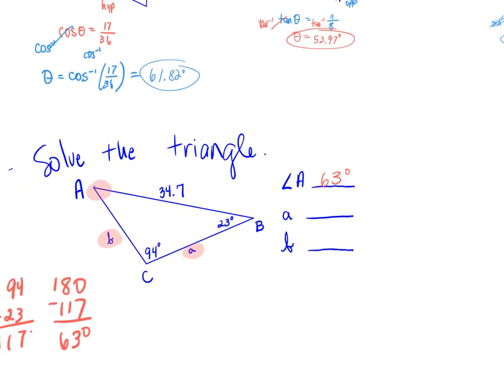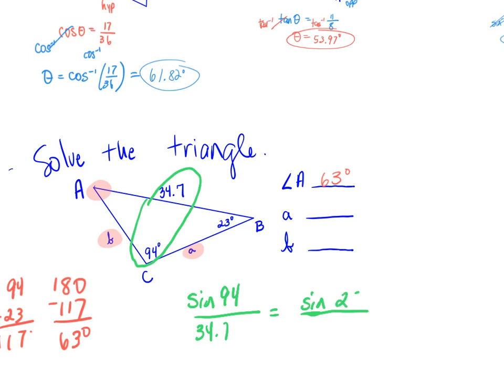Now I'm going to find the side length measures of A and B. And this is where, guys, you're going to have to use our law of sines. That's that ratio of a side and its given angle. So I'm going to use this one that they gave me, and I'm going to say that the sine of 94 over 34.7 is proportionate or equal to the sine of 23 over side B. I don't know what B is, so I'm going to solve for it here.